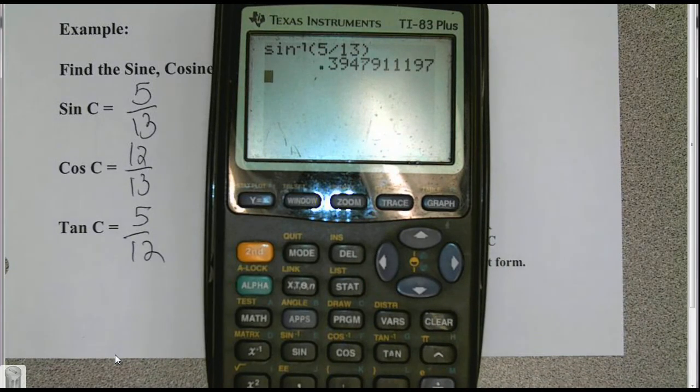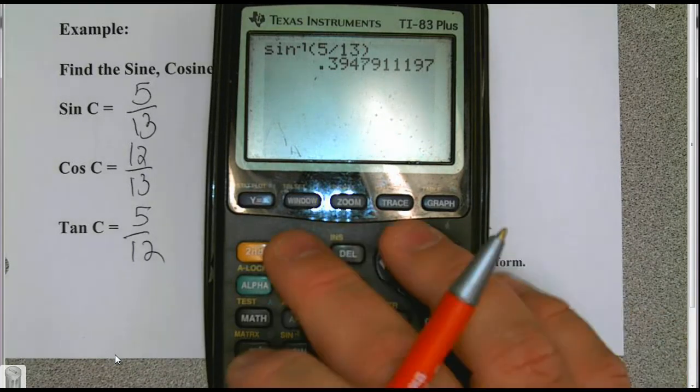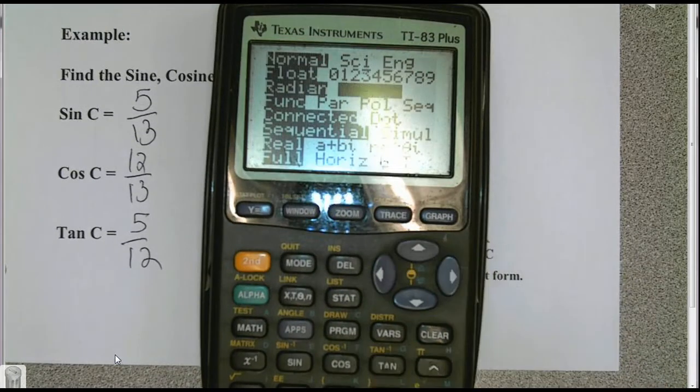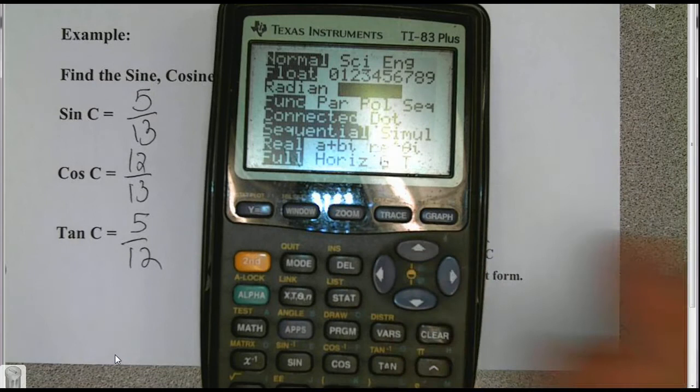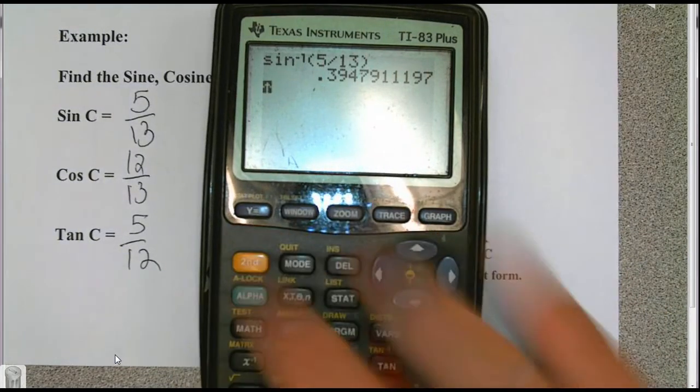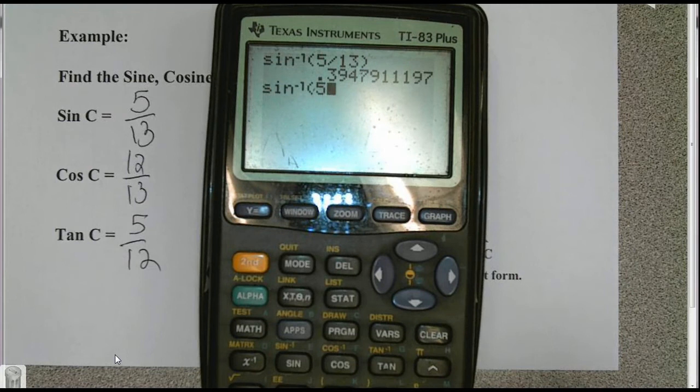oh, that's actually brought up a good point. This is not a whole number. So in order for us to do this, we need to make sure our calculator is in the correct mode. Our calculator should be in degrees. So once you hit the mode and change the calculator over to degrees, now we're going to do it again. Second sine of 5 over 13.